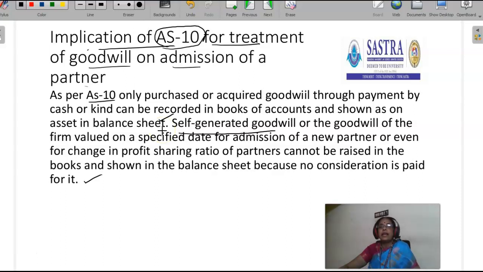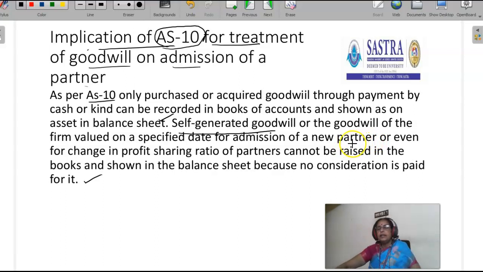It has to be paid. If it has to be paid, then only it can be shown as an asset in the balance sheet. If the partner fails to pay money for the goodwill, then the goodwill will not appear in the balance sheet.